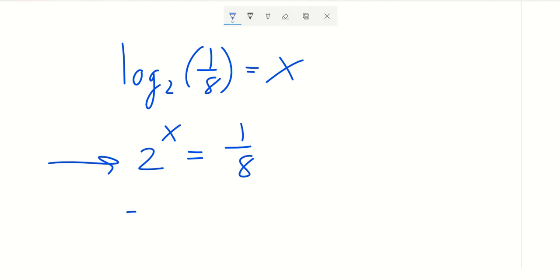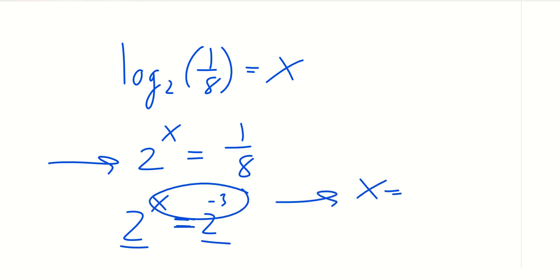An exponential equation like this, we said we can solve by rewriting both sides as the same base. 1 over 8, we know that 8 is 2 to the 3rd. Because of the reciprocal nature, that's a negative exponent. So 1/8 is the same thing as 2 to the negative 3rd power. And if the bases are equal and the values are equal, then that implies that the exponents have to be equal.